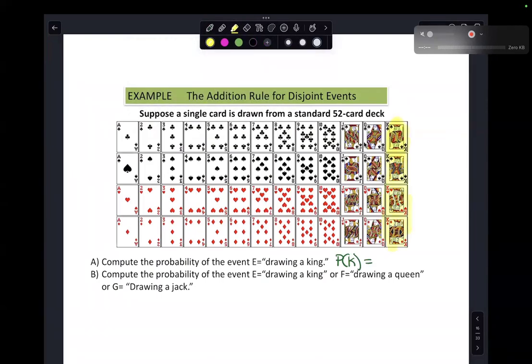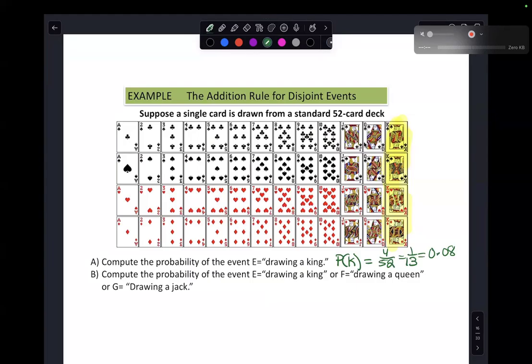We all know there's 52 cards in the deck, so it would be 4 out of 52, which I can simplify: 2 out of 26, 1 out of 13, or 1 divided by 13. About 0.08 approximately. So there's about an 8% chance of drawing a king out of the deck.